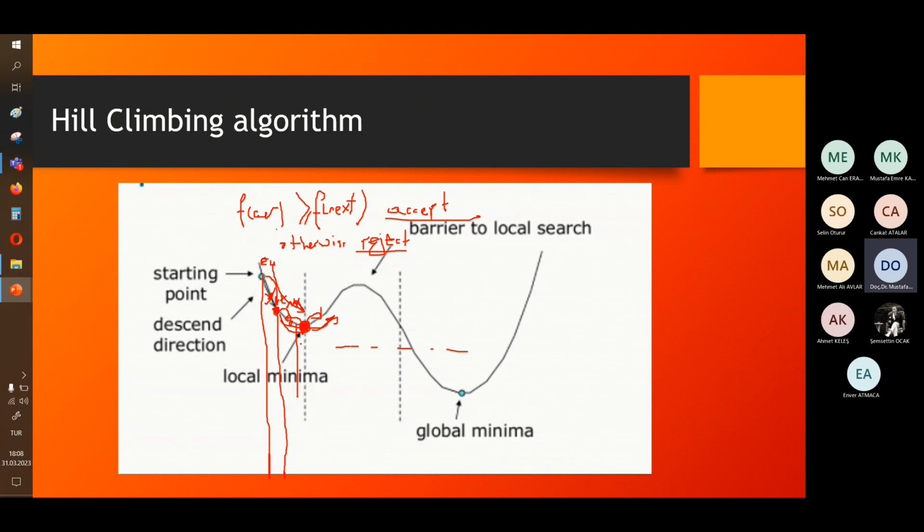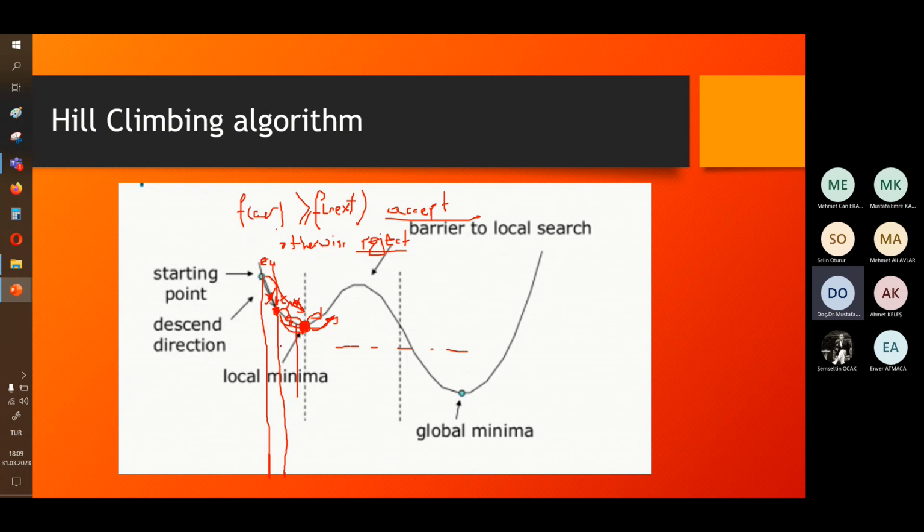The current solution will still be the current solution, and we will be looping again, repeating the whole cycle. Within the neighborhood, create another candidate solution, whether to accept or reject it, and this will go on until there is no acceptable solution, and in this case we will be trapped in either a local minima or a global minima.